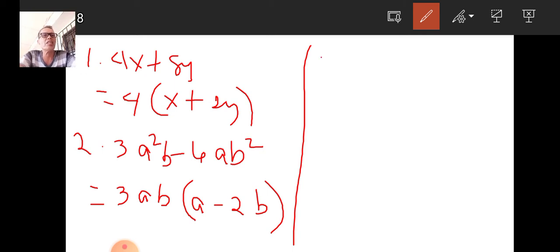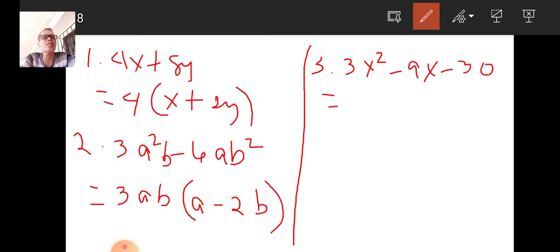Another example, number 3. For example, if we have 3x squared minus 9x minus 30, 3, 9, and 30 have the common factor of 3. Take out 3 as your divisor, then divide the given polynomial by 3.